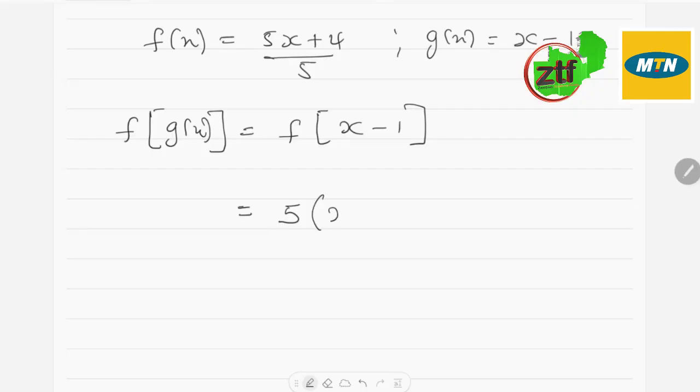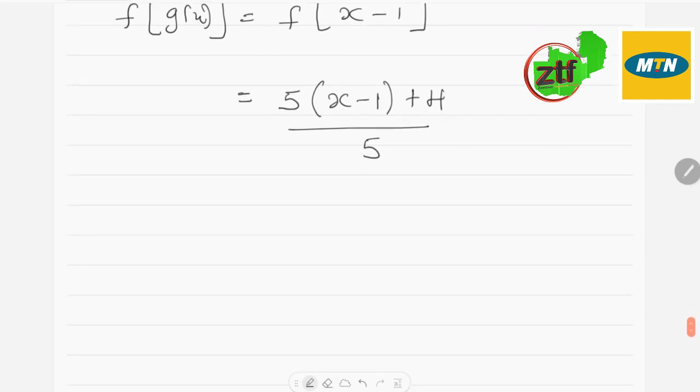By implication, we are saying that in the function f of x, wherever there is x, we need to replace it by the function g of x, which is x minus 1. So we are going to have 5, and where there is x, we'll substitute by x minus 1, then plus 4 divided by 5. So simplifying the right hand side here, we are going to expand by distributing 5. So we'll have 5 multiplied by x, we'll have 5x. Then 5 multiplied by negative 1, we'll have minus 5, then plus 4 divided by 5.